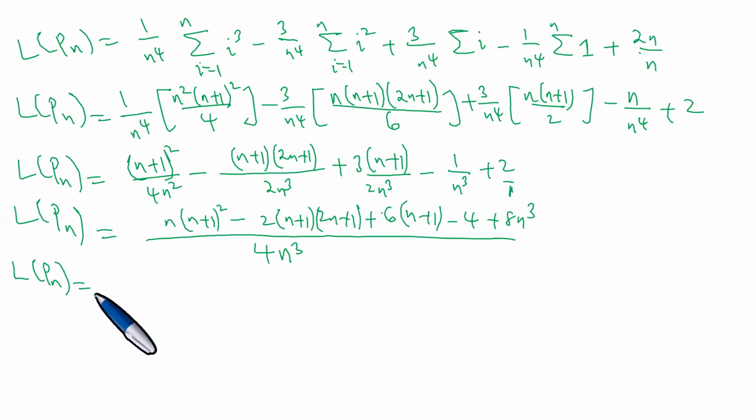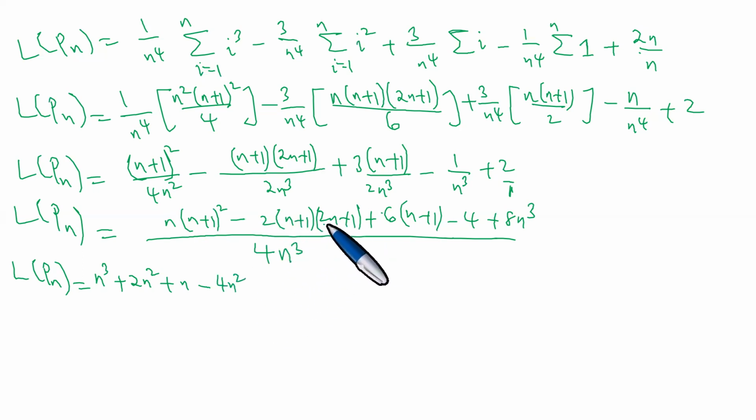So this one is going to be n squared plus 2n plus n, which is n cubed plus 2n squared plus n, minus. This one is n by 2n, which is 2n squared by 2, which is minus 4n squared.